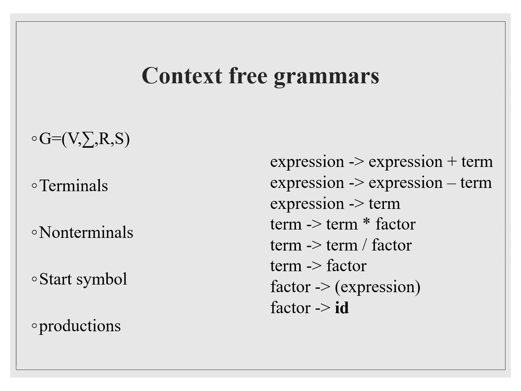So here, what are the non-terminals? The non-terminals are expression, term and factor. The terminals are plus, minus, star, slash, bracket open, bracket close and identifier. So this is one example of a context-free grammar.